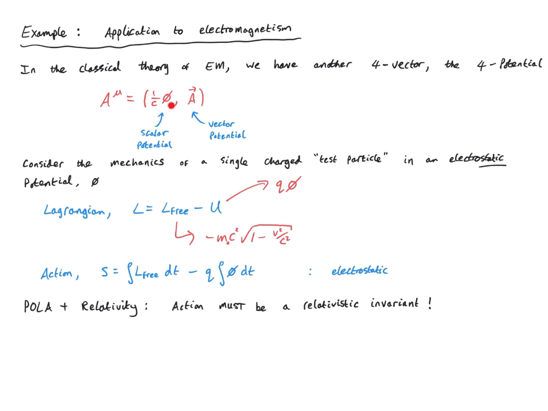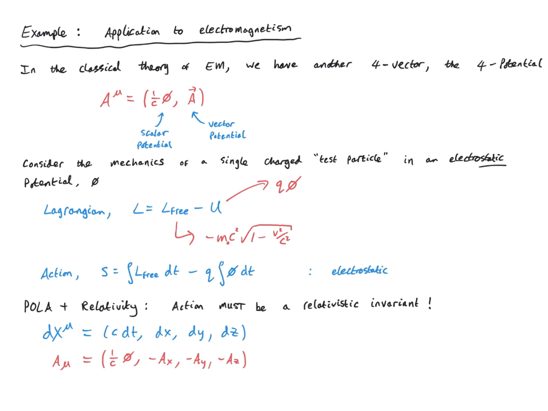Now phi is the time-like component of the 4 potential, whereas dt here is the time-like component of the differential corresponding to the 4 position. So let me write these down. First we have dx mu, the contravariant 4 vector, and that has components c dt, dx, dy, and dz.